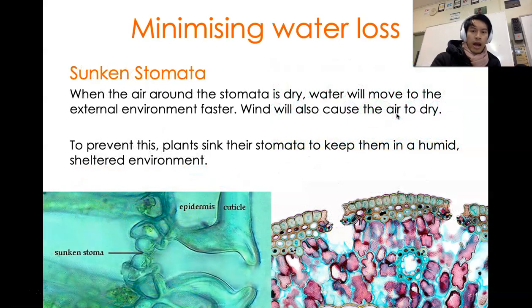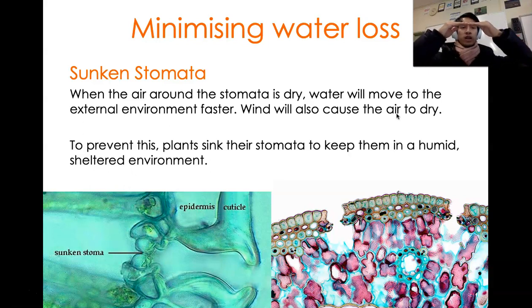Okay. So there are a few ways that plants can get around this. One of the ways is to have what we call a sunken stomata. Rather than having the opening right at the surface of the leaf, there's a little groove, and the stomata sits at the bottom of the groove, creating this kind of micro environment, preventing too much air from escaping because of the wind, and too much moisture being drawn out of the leaf because of the wind.